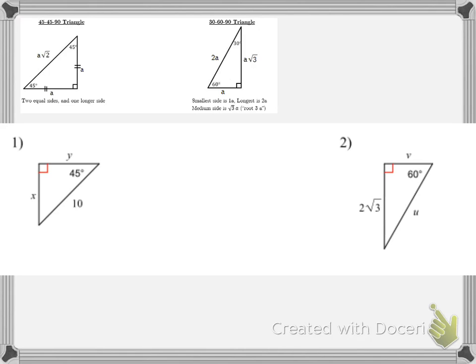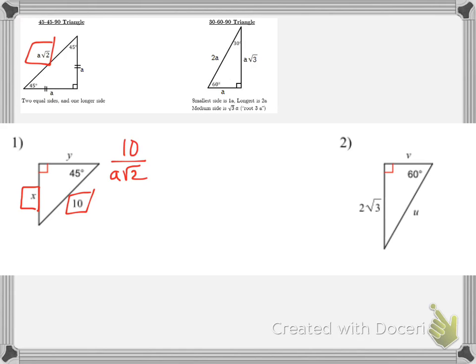Problem number 1. You got 10, right? 10 represents this part of the 45, 45, 90 triangle. So that means 10 is going to, in essence, be the same proportion as a on the square root of 2. Right? They're proportional. Okay? Well, we're looking for x here.